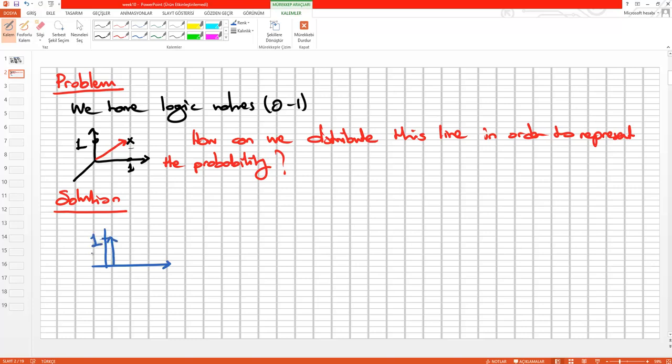This line 1 can be interpreted into area form, like this one, in order to obtain the chance of the probability here. For a given x value, if we have the 1, this is equal to 100%. Okay? This is the exact value.